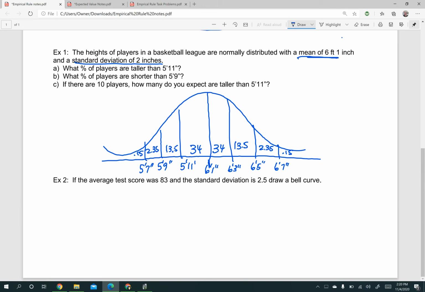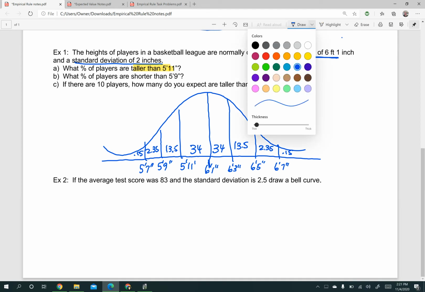So now let's look at what kind of questions they ask us. It says, what percent of players are taller than 5 foot 11? Taller than 5 foot 11, okay? That means if 5 foot 11 is right here, I'm going to make this yellow.